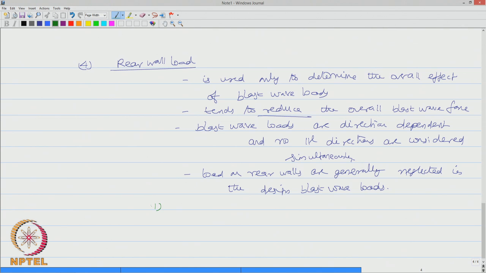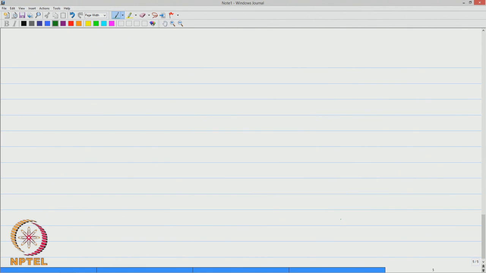The primary reason is that the rear wall load lags with respect to the front wall by the ratio of BL by U. We know that BL by U is actually the rise time when you calculate it for the side walls.